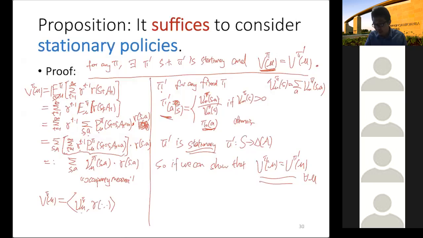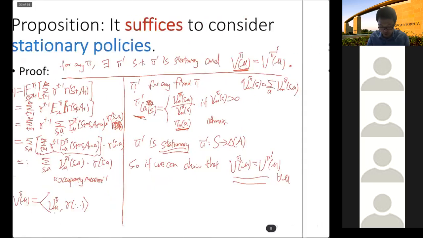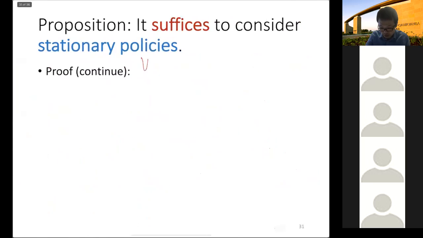Let me move to the next page, and see how we can move forward with this argument. Let's first keep track of the two facts that we got. First of all, V^pi(mu) is equal to a linear function of nu, nu^pi multiplied with r.